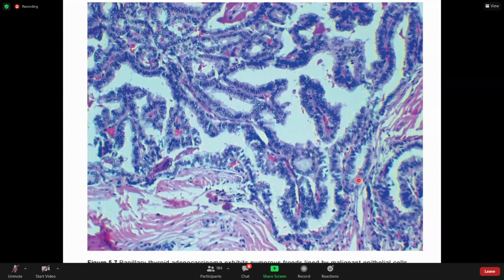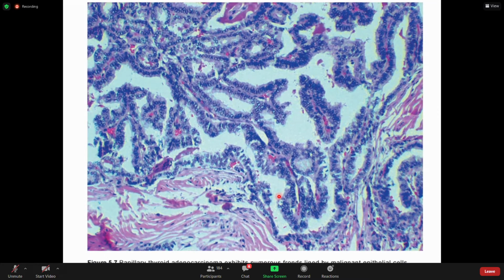Here's an example of a papillary thyroid adenocarcinoma. How do you know that it is papillary? You look at these fibrovascular cores and you follow them. Each one of them is a papilla. How would you define a papilla? It's a fibrovascular core surrounded from all sides by epithelial cells.